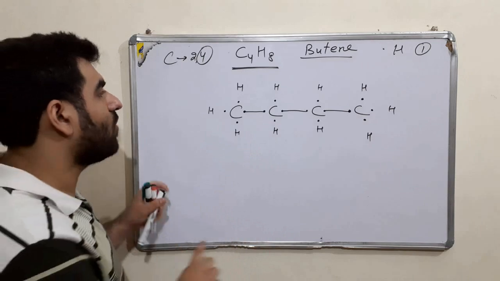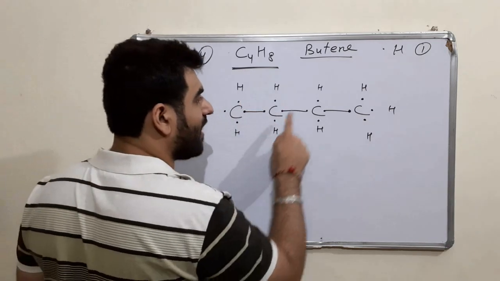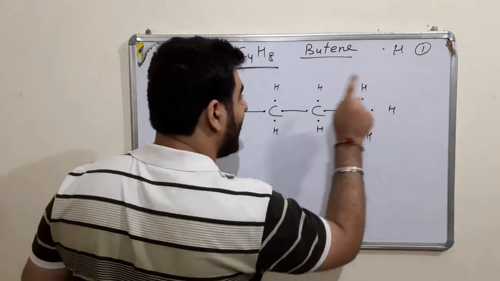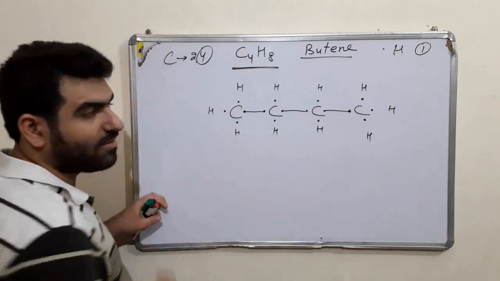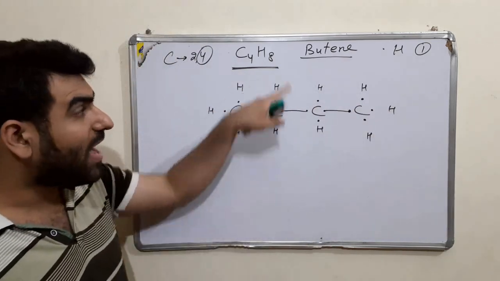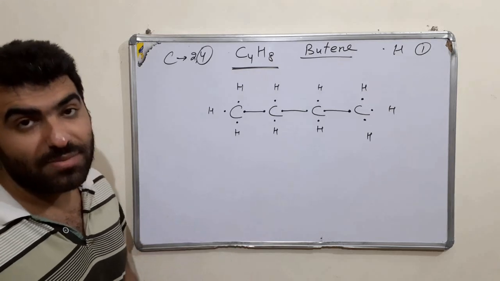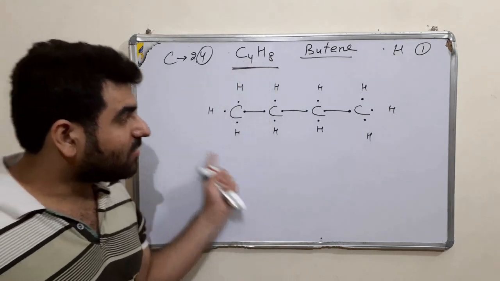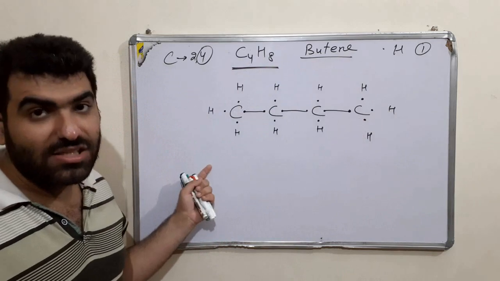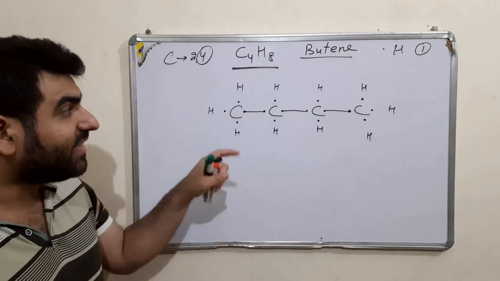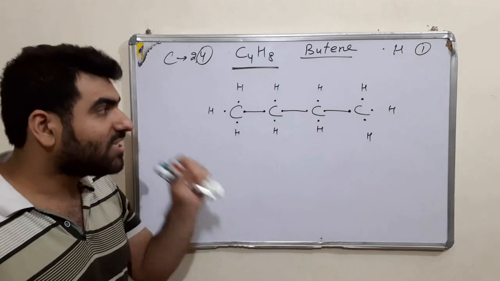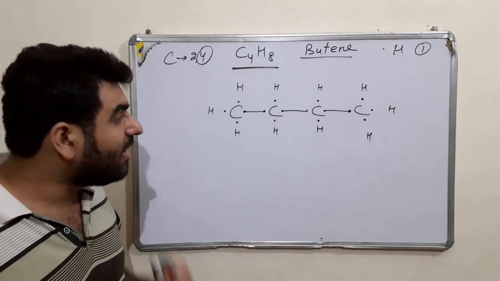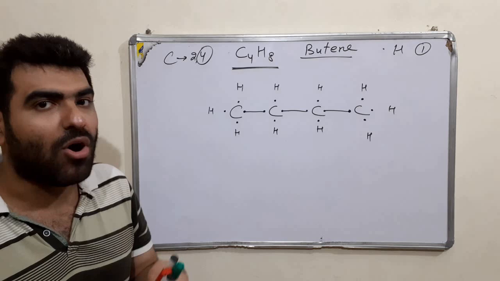Let us count hydrogen now. 1, 2, 3, 4, 5, 6, 7, 8, 9, 10. 10 hydrogens. But we require only 8. Now this is a possibility, but this will not work like this. So whenever there is a tendency that we are in excess of hydrogen, you will have to see that there will be a formation of a double bond.